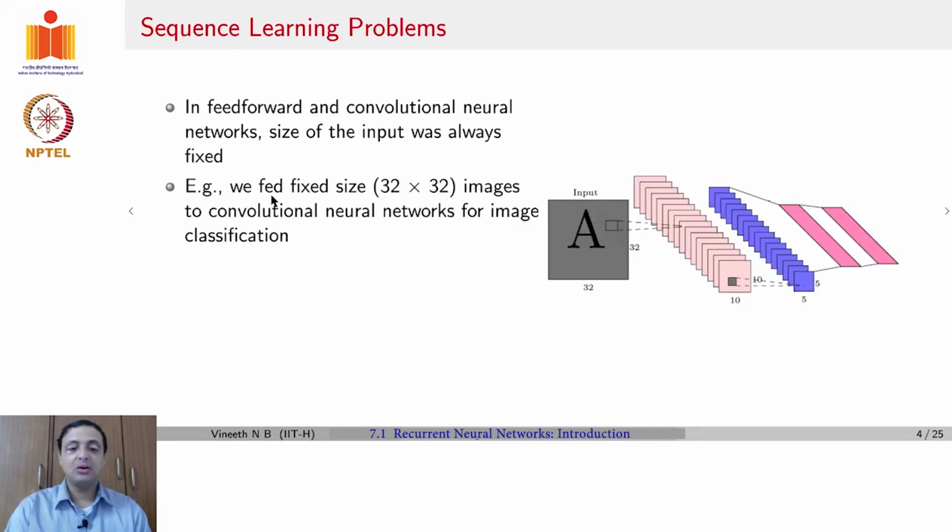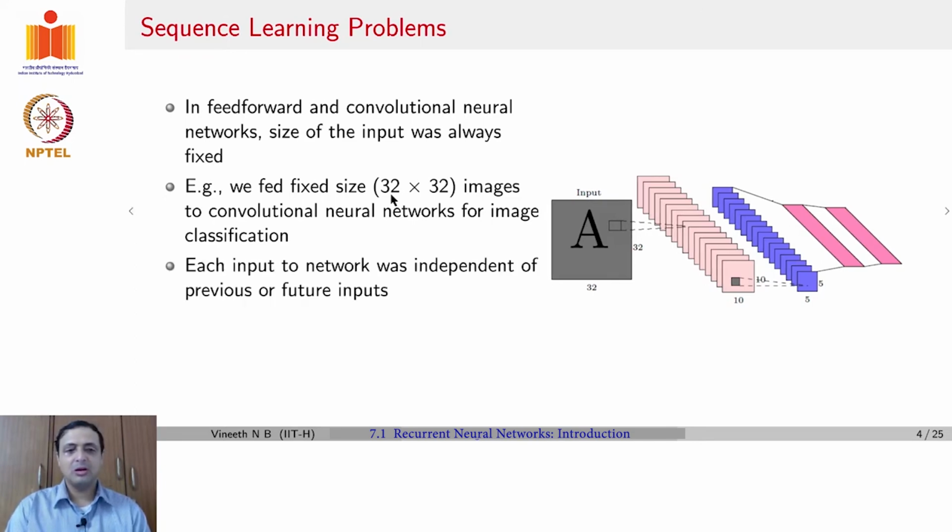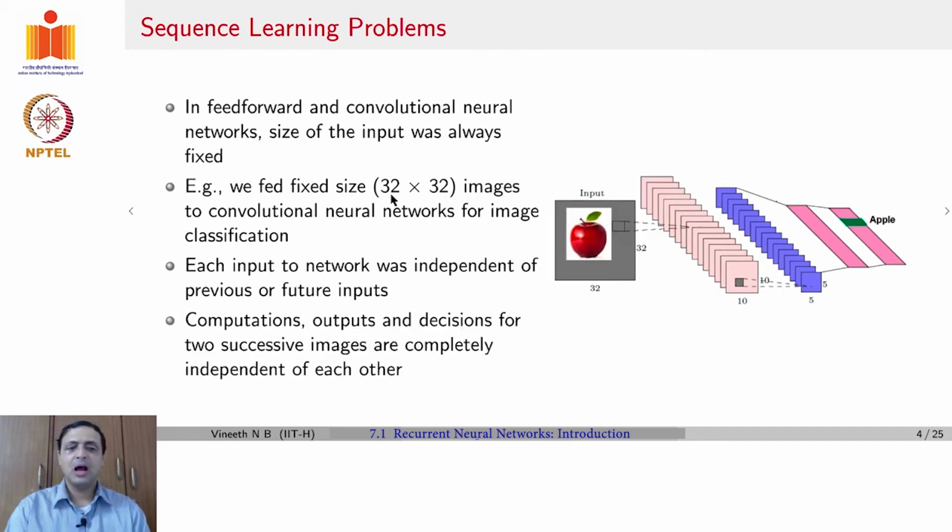Given a CNN, you always fed, say, a 32 cross 32 image for image classification. Each input was also independent of the previous or future inputs, and the computations, outputs, and decisions for two successive images were completely independent of each other.